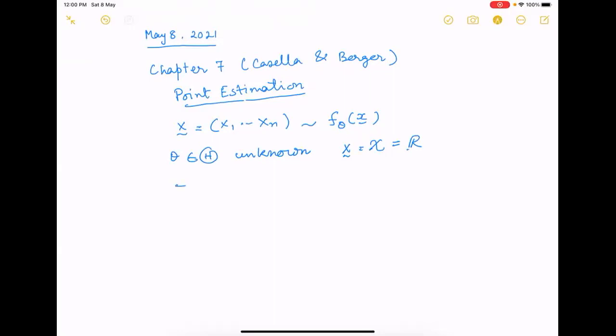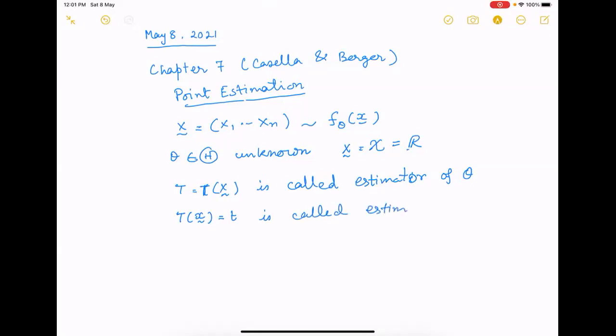Now, T equal to T of x tilde is called an estimator of theta, which will be a pure function of data. And typically T of small x tilde is called an estimate of theta.